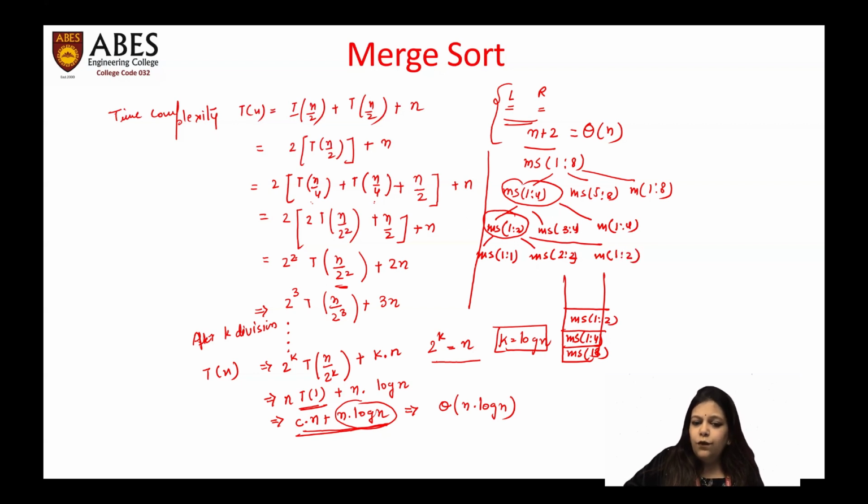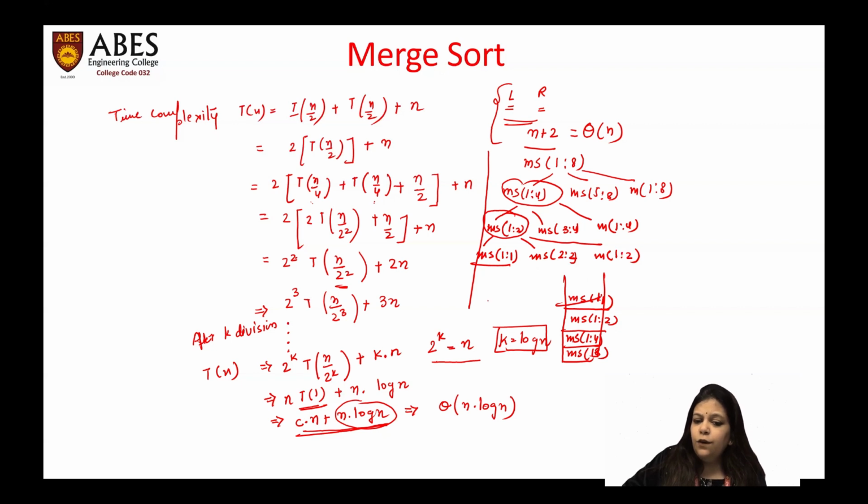Merge sort 1 to 1 will be stored in the activation record. After this, there will be no more recursive calls, and merge sort 1 to 1 will be executed.